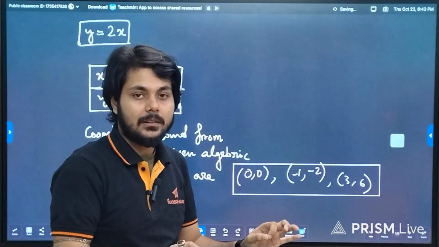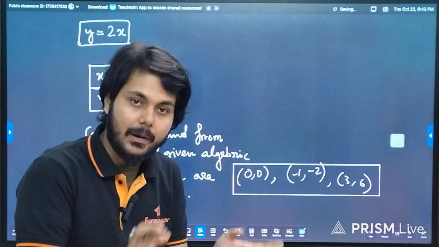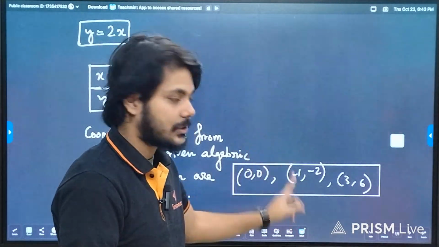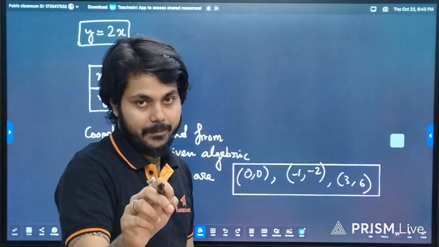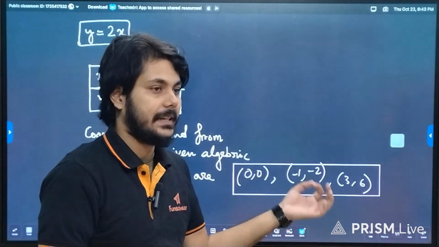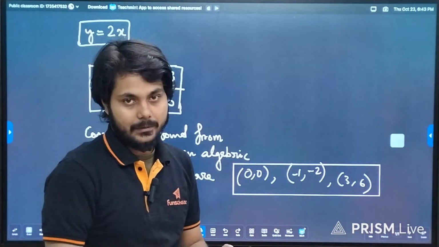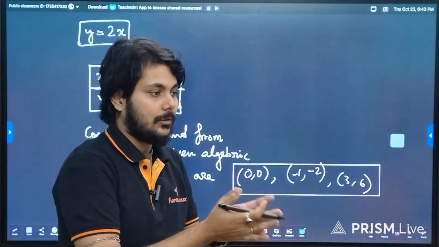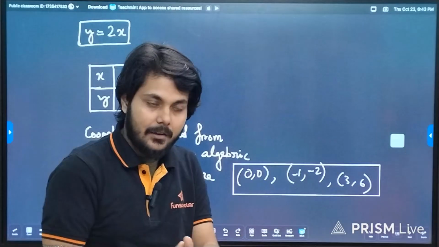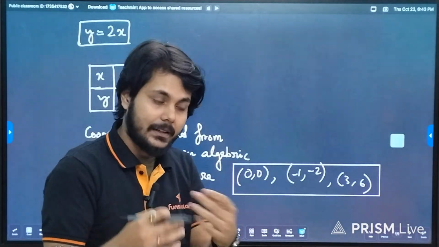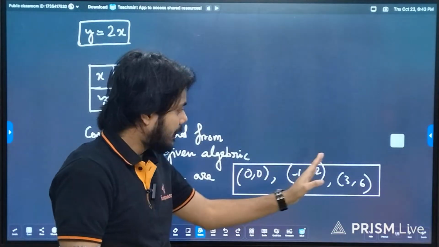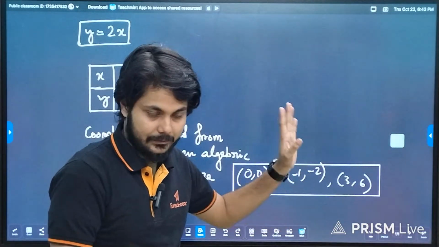The graph paper will be provided to you by your examiner, and you will also practice these questions on graph paper, no matter if it is inch division or millimeter division. Your teacher will tell you to buy a certain type of graph paper, and you will make sure to practice these questions on that graph. Just put these 3 points on a Cartesian plane.